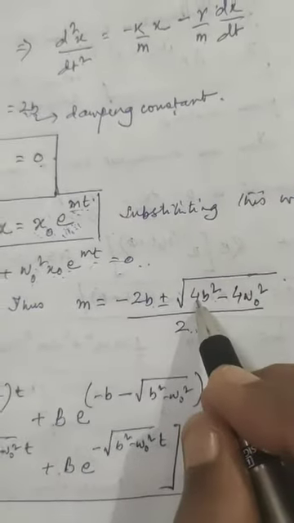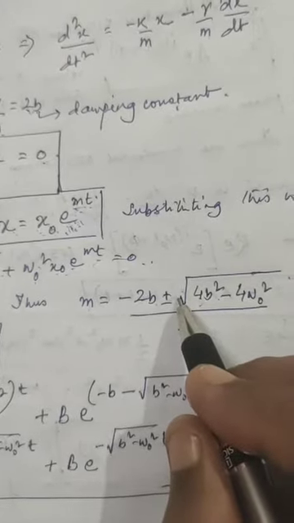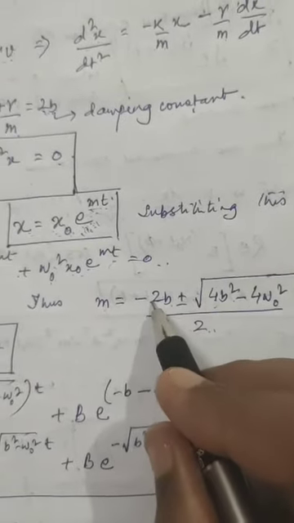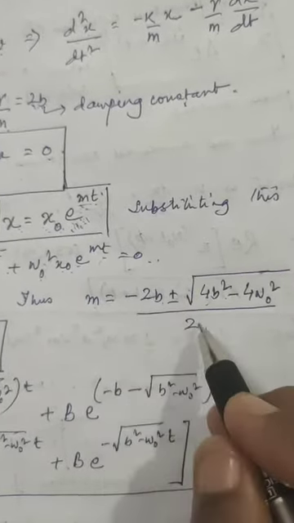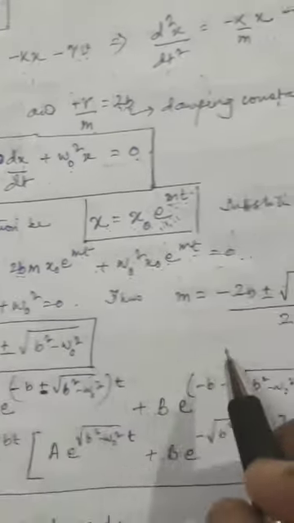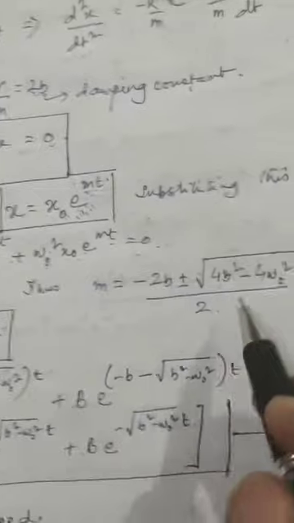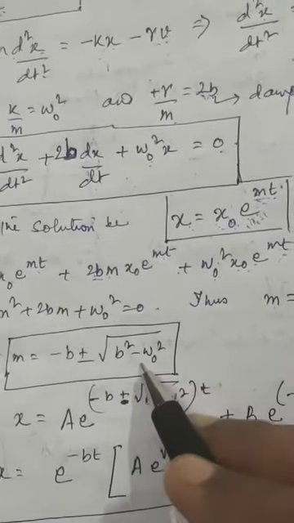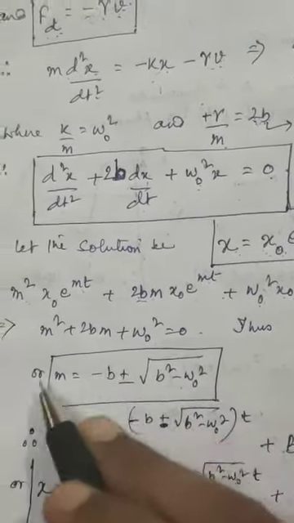If I take 4 out of this square root, I'll have 2, and here I have 2, so the 2 and 2 will cancel. We have m as minus b plus minus root over b square minus omega naught square. So you have two values of m.